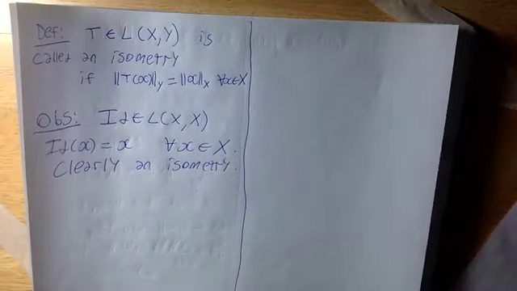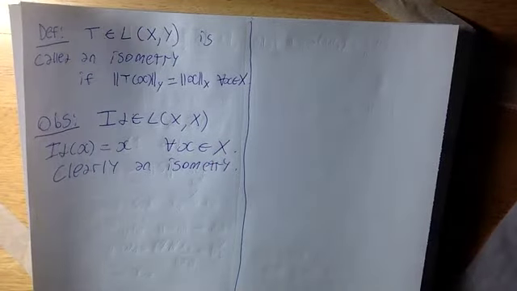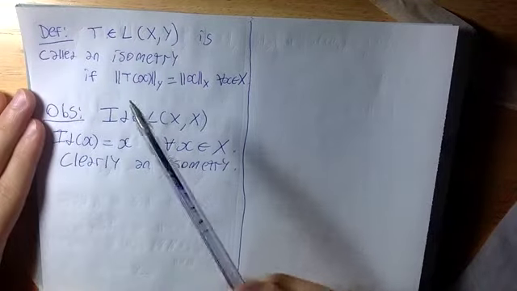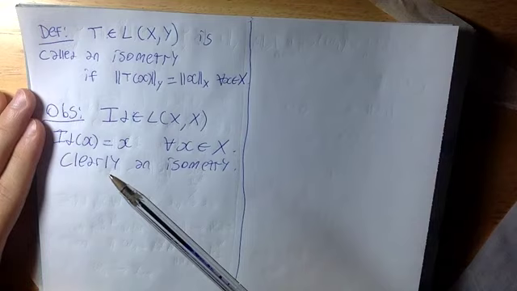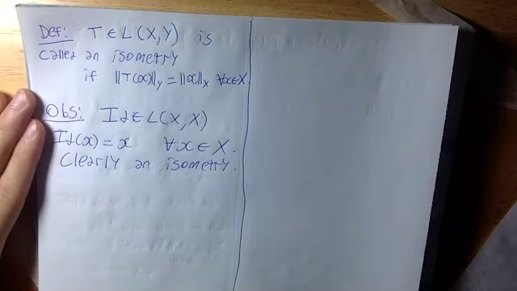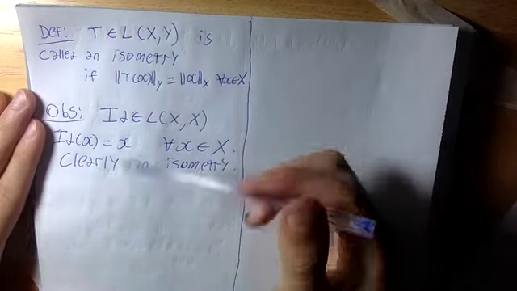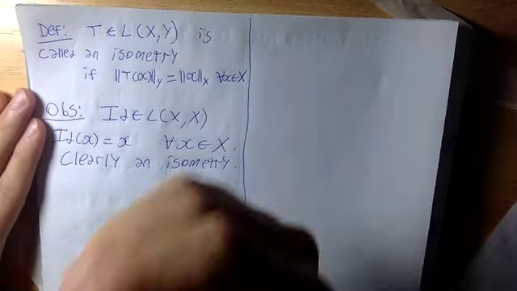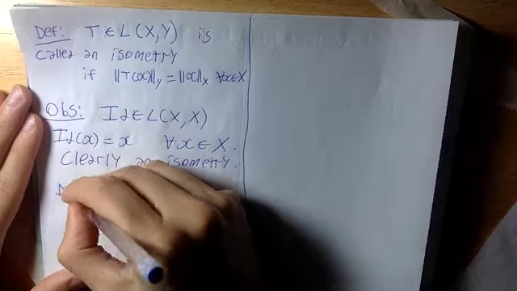So the idea is that isometries are a generalization of the identity. Sometimes we will need to understand some things that are equal up to a linear transformation as literally the same for us.